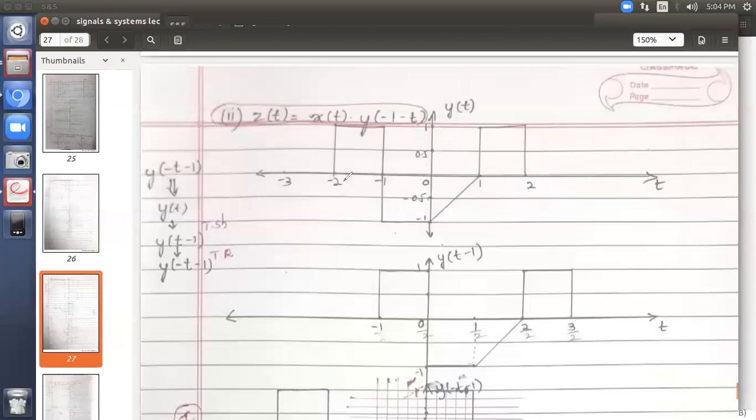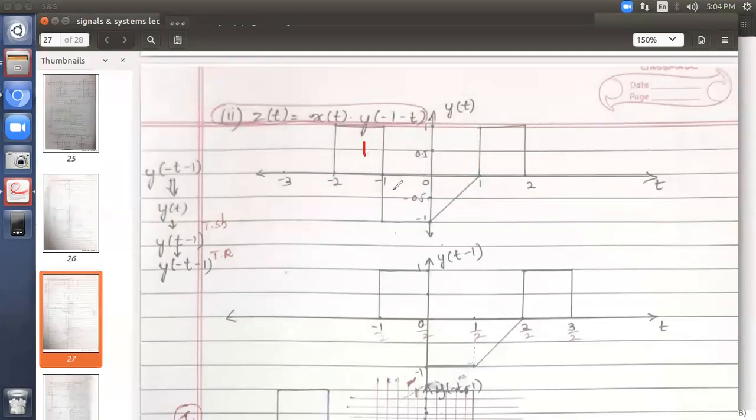This is the given y of t. Observe the range is between minus 2 to plus 2. Okay, so if you shift the signal to the right side by 1, each value will get shifted. So whatever amplitude we have, let me take one by one.